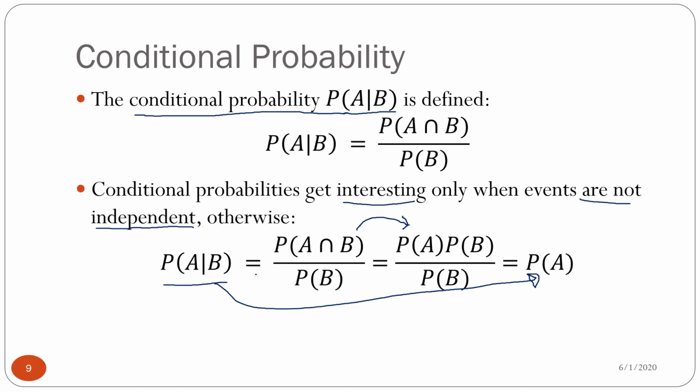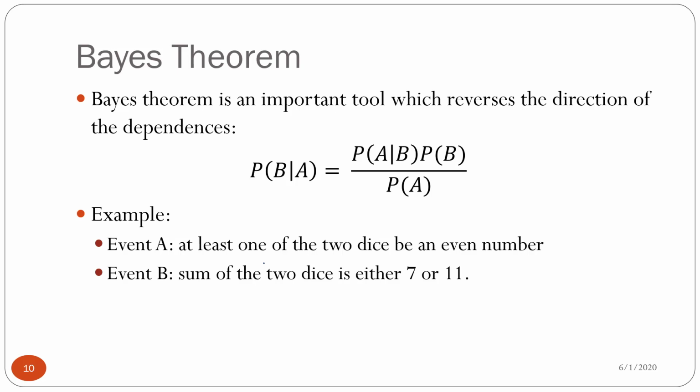Let's move on to the next important topic in probability. This is Bayes' theorem. Bayes' theorem is again a very important and interesting theorem in probability. And what is the purpose of Bayes' theorem? It is used to reverse the direction of the dependence.